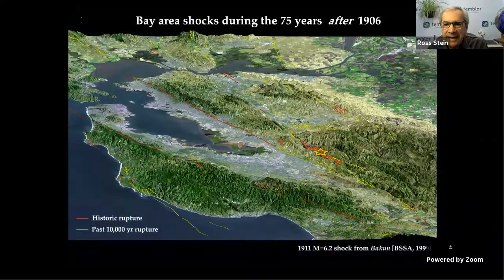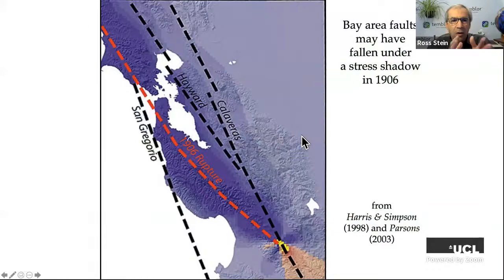And that is at least justifiably explained by all of these subparallel faults in the Bay Area being in the stress shadow of the 1906 earthquake. Its trigger zones are way down here to the south and way up out of this slide to the north.